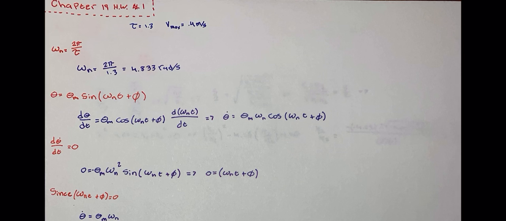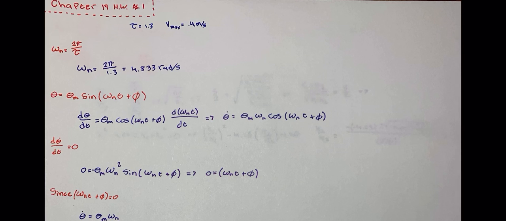Similarly, we know that theta is equal to theta m sine omega n t plus phi. Knowing that, if we take the derivative of theta with respect to time, we get what simplifies out to be theta dot is equal to theta m omega n cosine omega n t plus phi. And then if we take it one step further and take the derivative of theta dot with respect to time, we get is equal to 0.